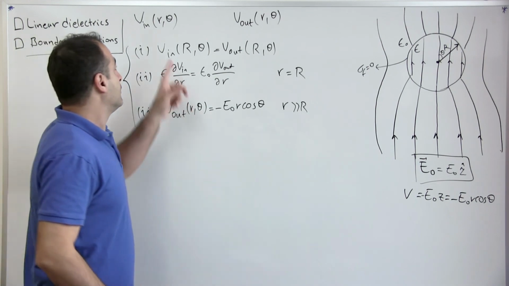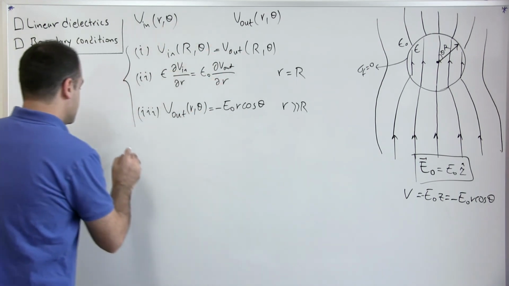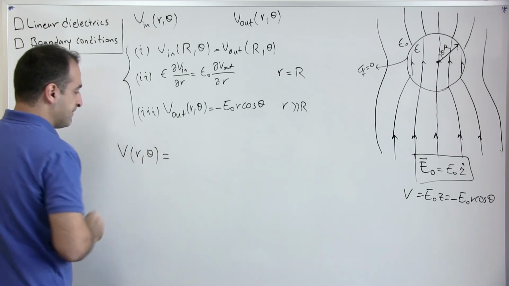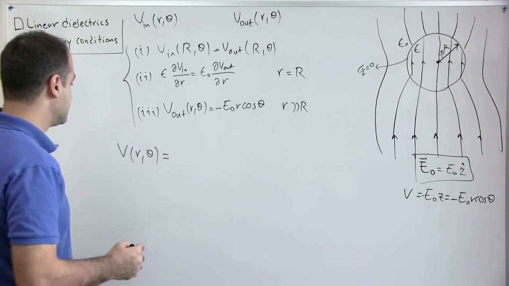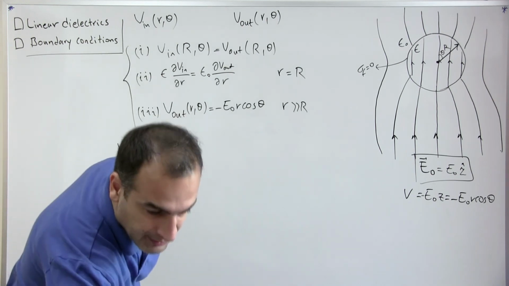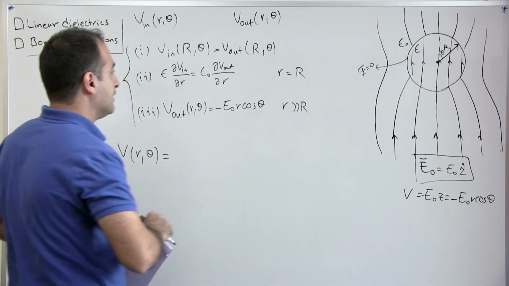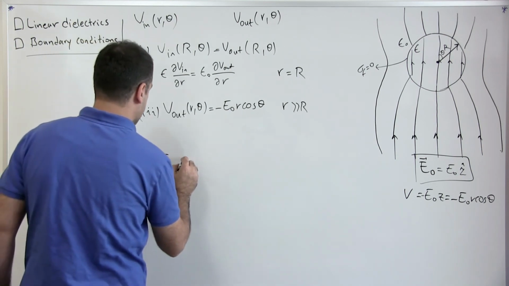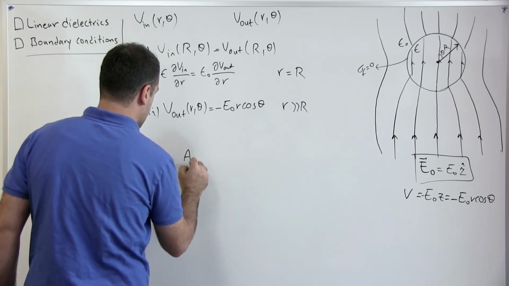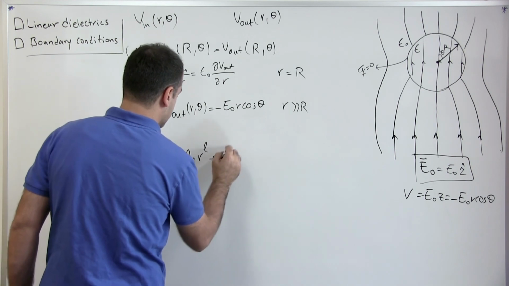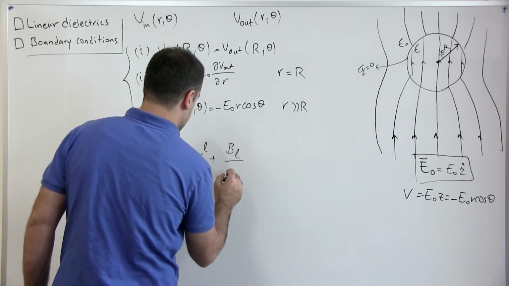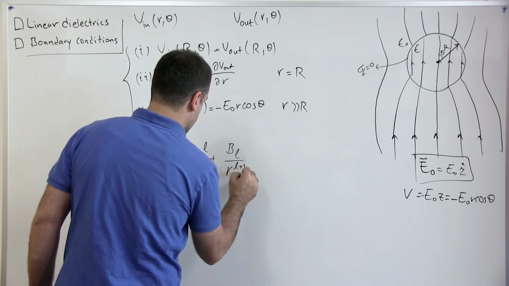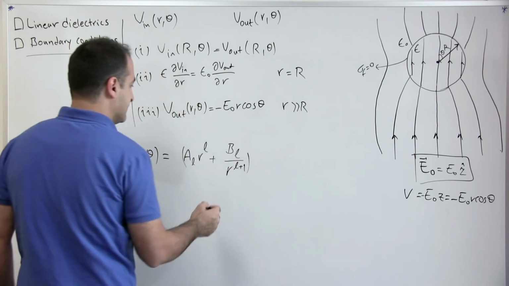The starting point for V in and V out is the general form of the potential expanded in terms of the Legendre polynomials. So A_l r to the power of l plus B_l over r to the power of l plus 1 is the radial component.